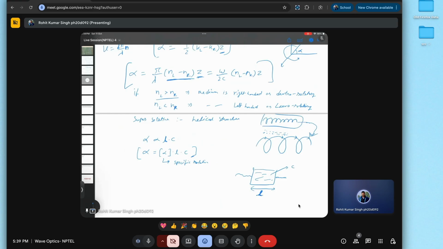This helix is either right-handed or left-handed. A right circularly polarized light goes like this, and a left circularly polarized light goes like this, so it affects these two differently, right?